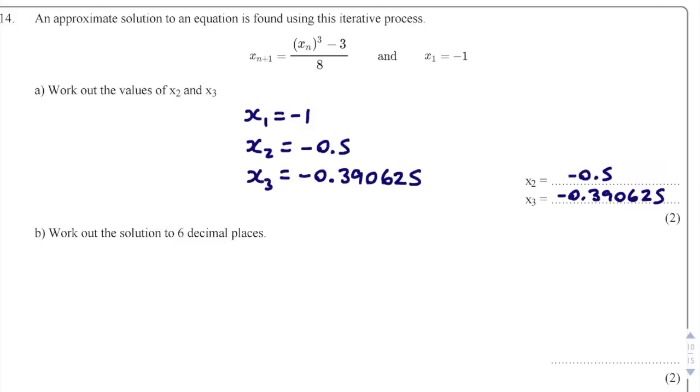The way you want to do this is keep pressing equals on your calculator until the number of decimal places doesn't change. If I keep pressing it until our answer doesn't change, you should see that our value of x approximates to minus 0.3819660113. 6 decimal places is 1, 2, 3, 4, 5, 6, so we're going to stop just after that 6.